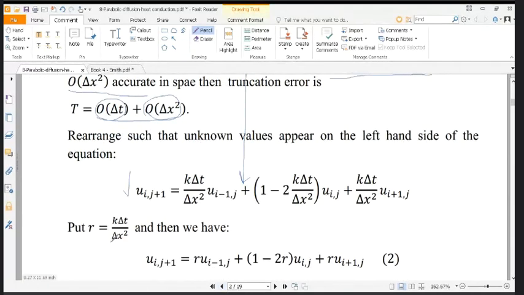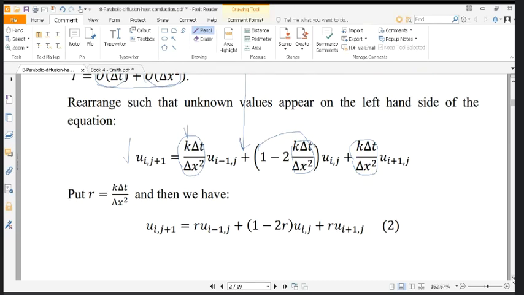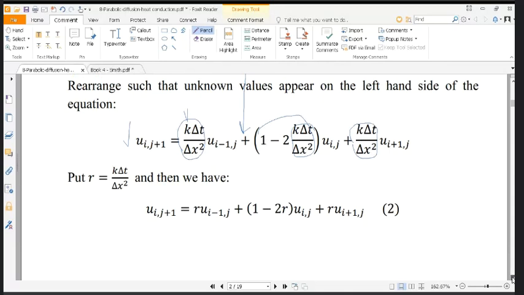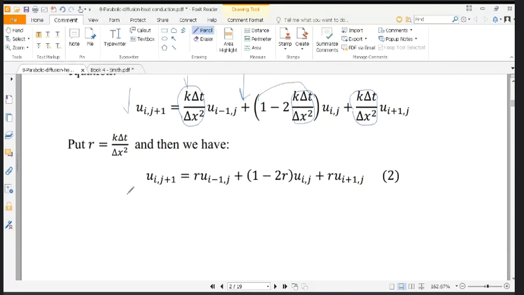We put R equal to K delta T over delta X squared, because for each term on the right hand side we have this coefficient: K delta T over delta X squared, 1 minus 2 K delta T over delta X squared, and again K delta T over delta X squared. We call this fraction R, and we have a simple equation for the diffusion equation using the explicit method: U(i, j+1), the unknown value, is equal to R U(i-1, j), which is known, plus 1 minus 2R U(i, j), which is known, plus R U(i+1, j).